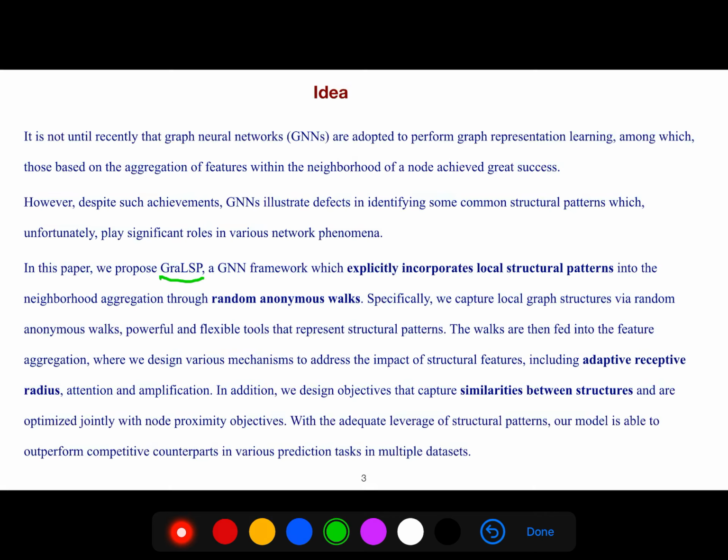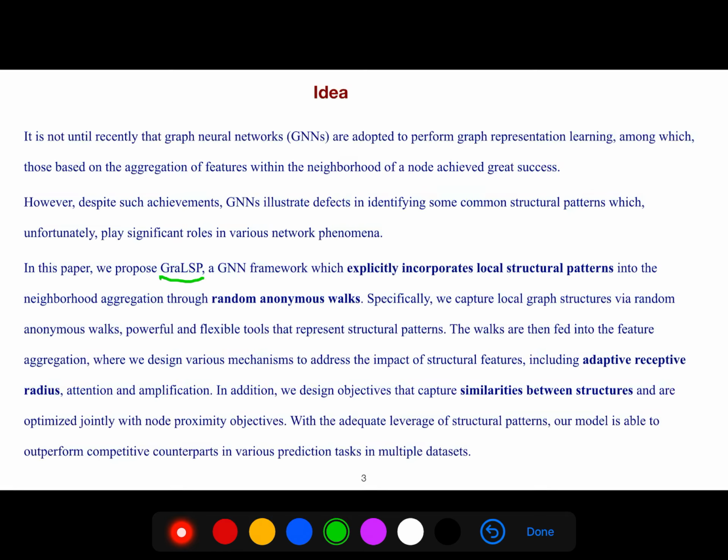Specifically, we capture local graph structures via random anonymous walks, powerful and flexible tools that represent structural patterns. The walks are then fed into feature aggregation, where we designed various mechanisms to address the impact of structural features, including adaptive receptive radius, attention, and amplification.